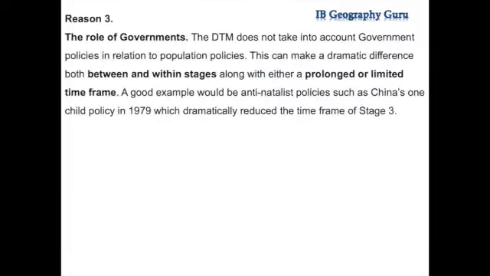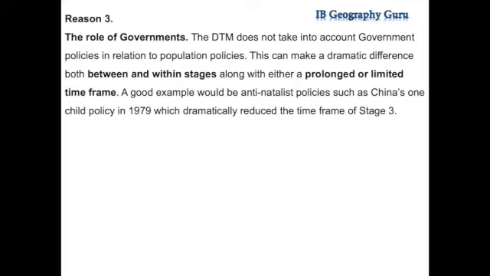Reason 3, the role of governments. Now you'll find in a lot of aspects to questions from the IB, governments will play an important part of an answer. Now the DTM does not take into account government policies in relation to population policies. This can make a dramatic difference both between and within stages, along with either a prolonged or limited time frame.